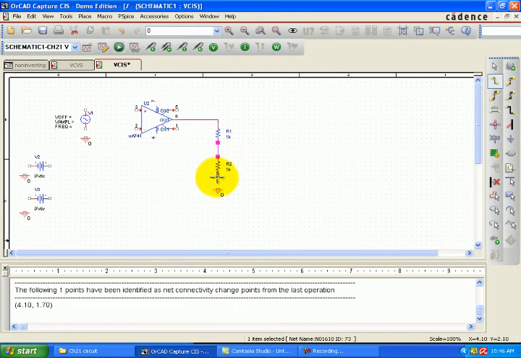Now it's also the same as VCVS, the only difference is that we have got our inverting input.